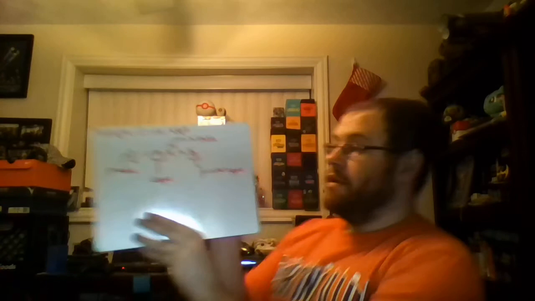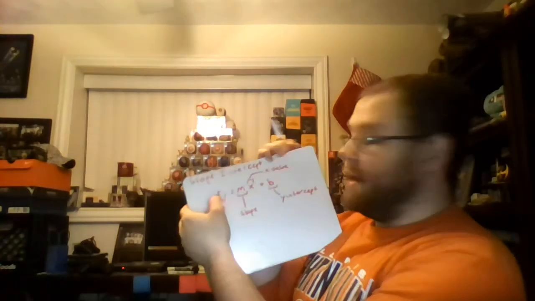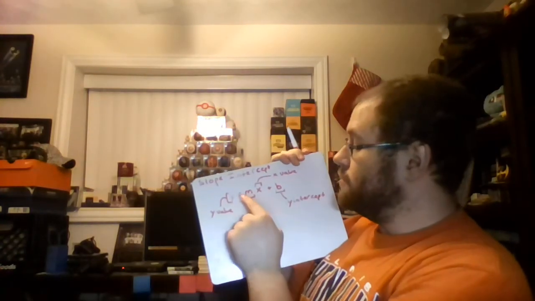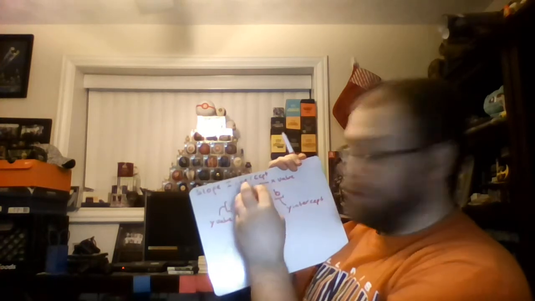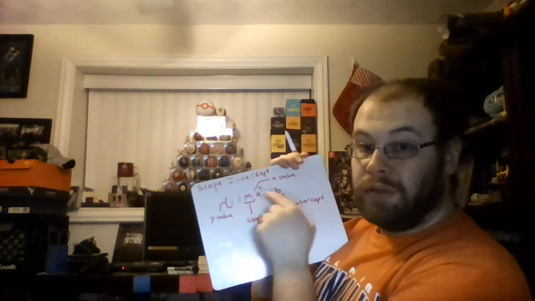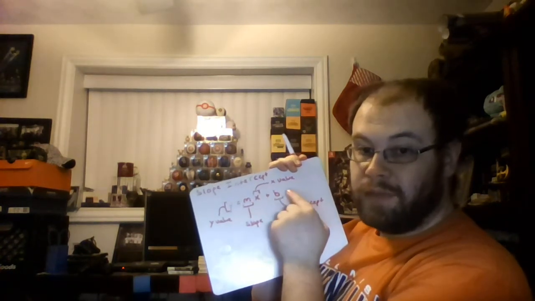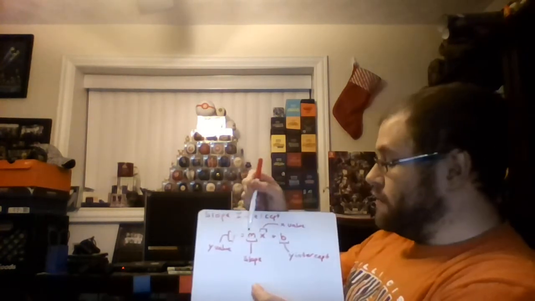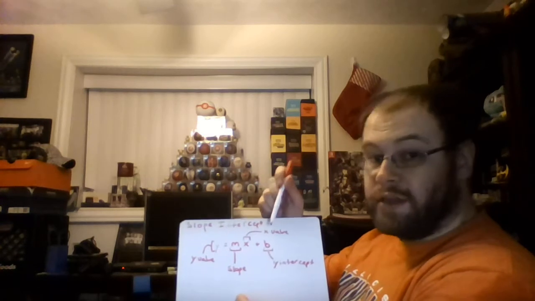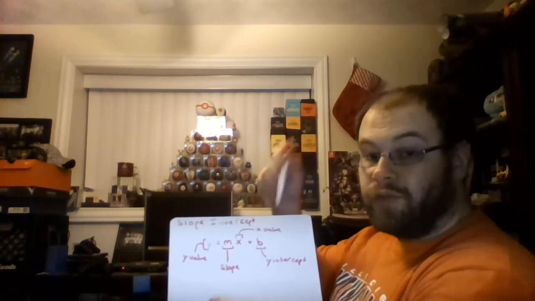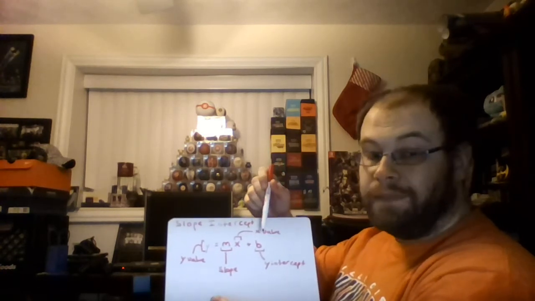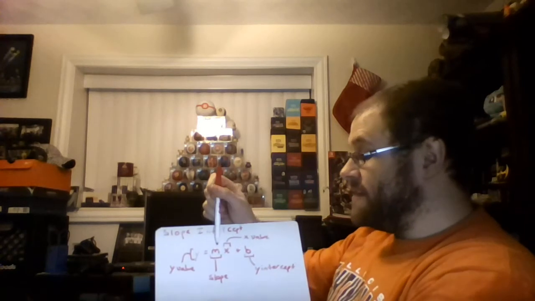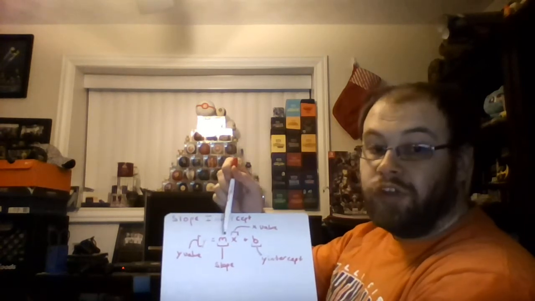In these equations, we've got y equal to some number times x plus b, which is just some other number. Now these special numbers here are actually important, and they can be used to help us graph in an easier way. The number in front of the x here I have written down is called the slope.